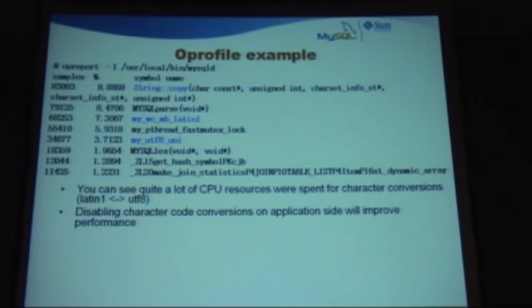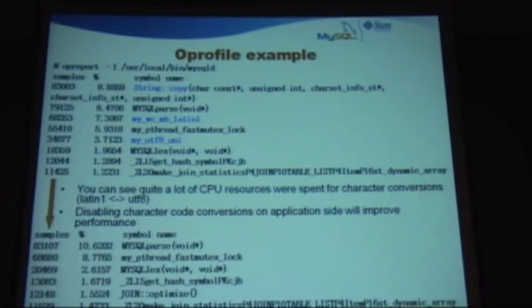So probably we can guess that character conversion happens. Disabling character conversions on the application side will improve performance. After disabling, the string copy and UTF-8 Latin 1 functions diminished. In this case, I got a 20% performance improvement.